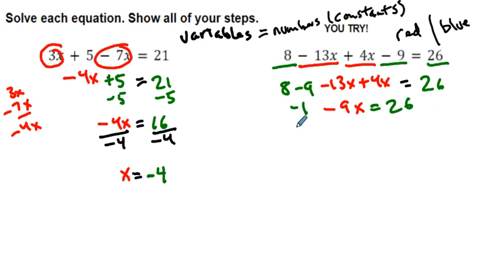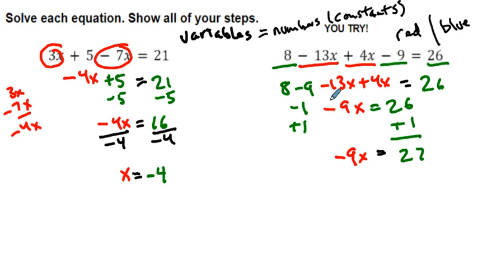Okay, so we are now going to add 1 to both sides, because you're always doing the opposite. If it's a negative 1, you add plus 1. So add 1, you get 27, and that is equal to negative 9x, because that's what's left. The numbers are now off the equation.